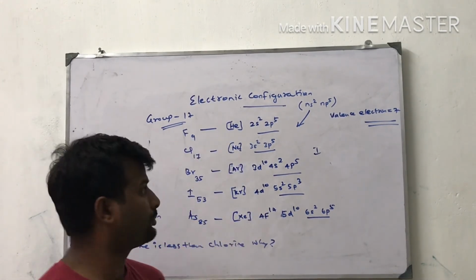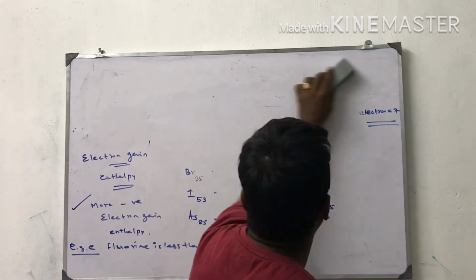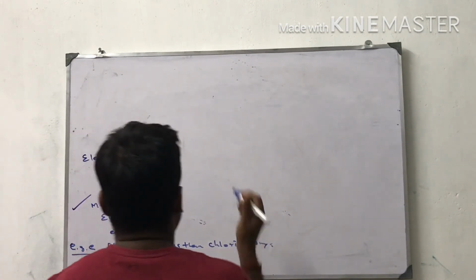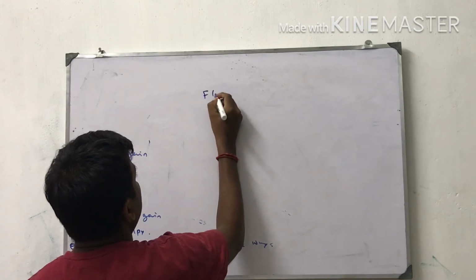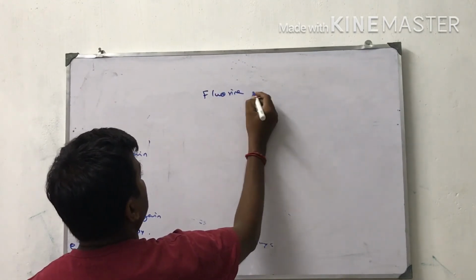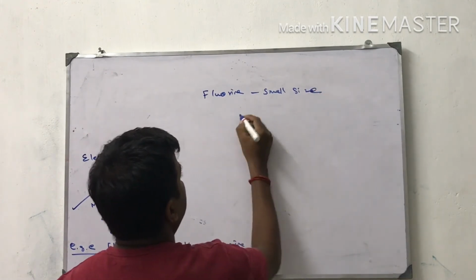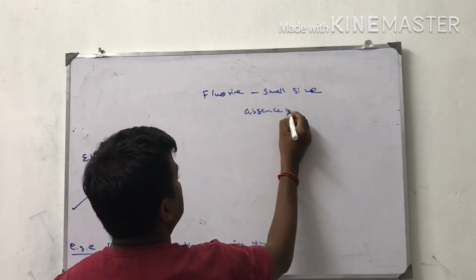I will tell you. Already fluorine is very small, compact size. The anomalous behaviour of fluorine: fluorine is small in size, absence of vacant d orbital.